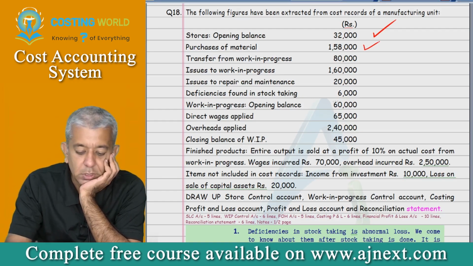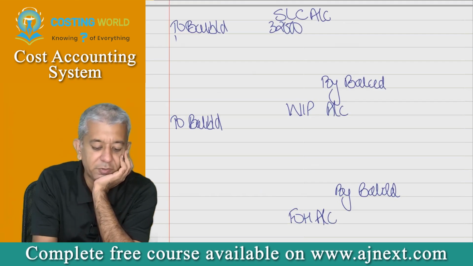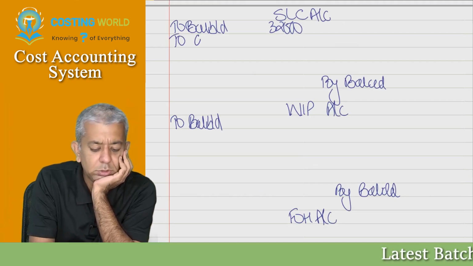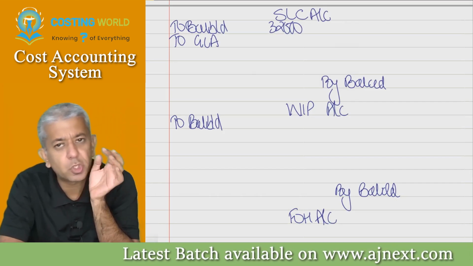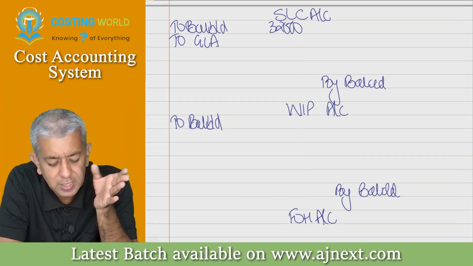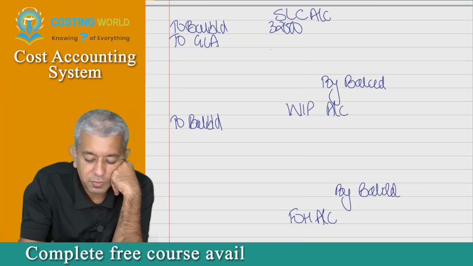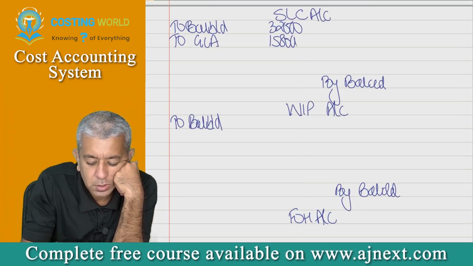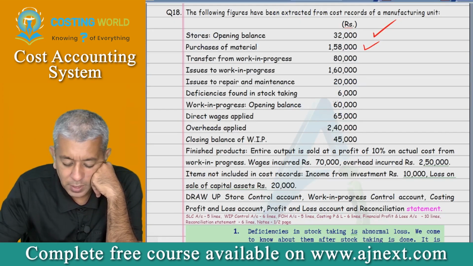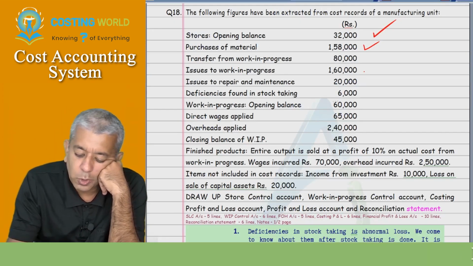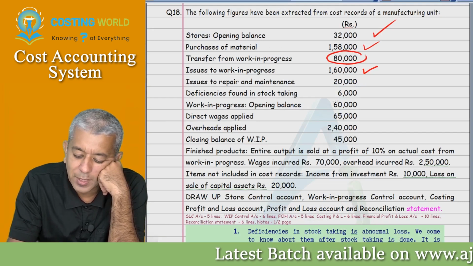Further, purchases of raw material 1,58,000 to GLA. It has to be a question on non-integral accounts because they are asking us for a reconciliation. 1,58,000. Other effect I am not passing because we are not preparing a GLA account.